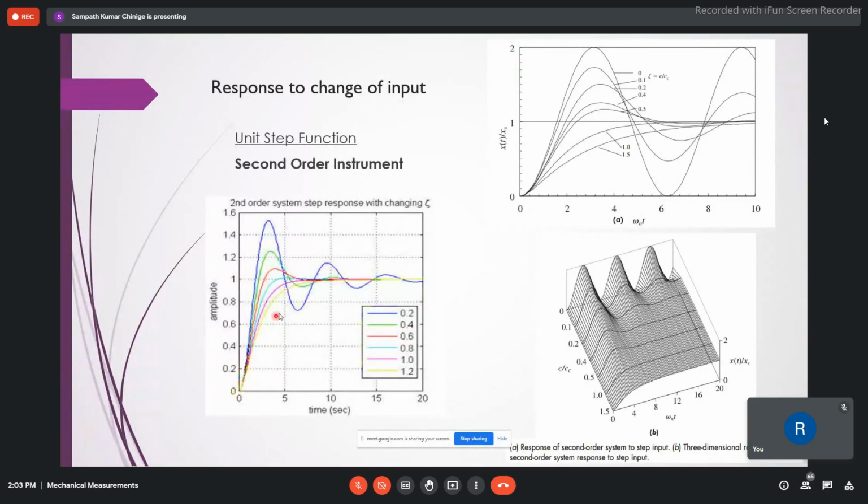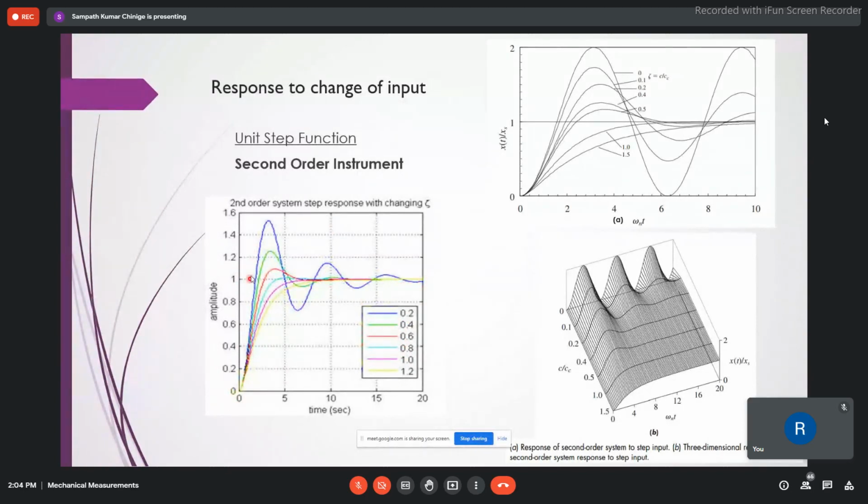In general, a first order system will take a rise time and then suddenly become steady, but here, in the second order system, if it is undamped, it keeps on oscillating like this. Whereas if it is 0.2, the blue color, you can see it oscillates and slightly comes towards steady state.